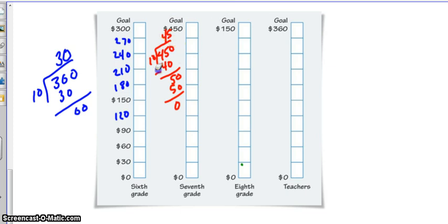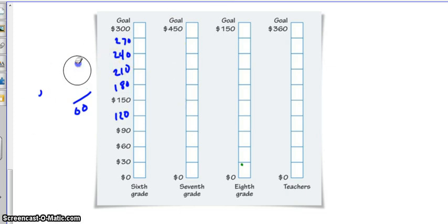All right, so I'm going to erase this work so that I can get my increments here. So 45, 90, 135, plus 45 would be 180, plus 45, and so on and so forth. And then for the 8th grade, the increments are going to be $15.